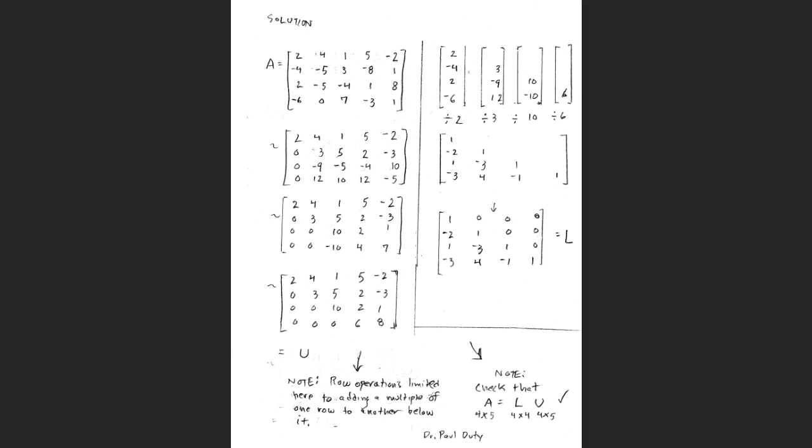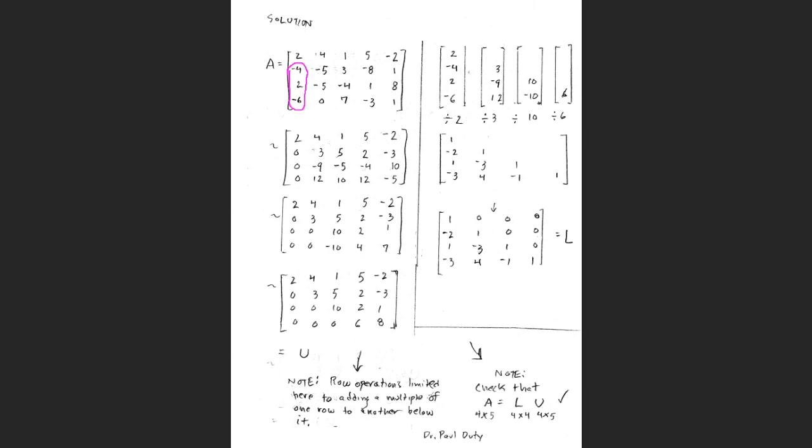So here's the matrix A. What do we want to produce where the -4, the 2, and the -6 are?